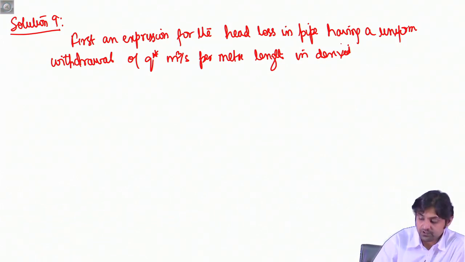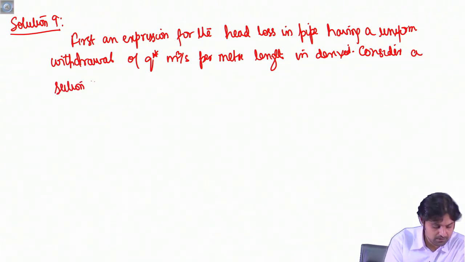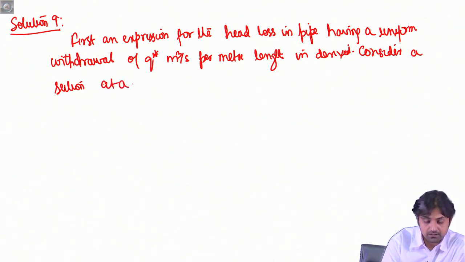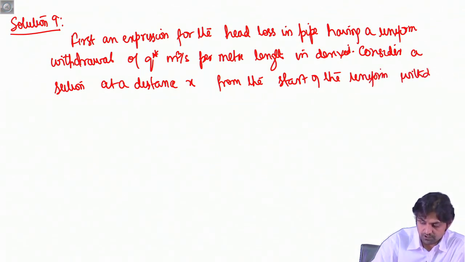All right. So to be able to do that, we consider a section at a distance x from the start of the uniform withdrawal.